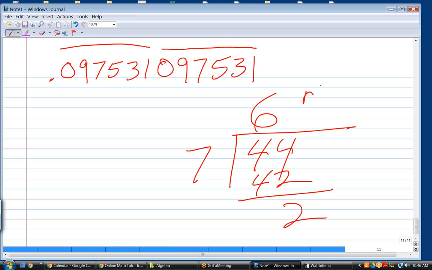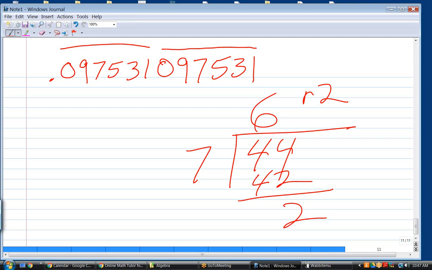So if I go 44 spots to the right of this repetitious decimal, what's the second digit after the 6th repetition going to be? 9.